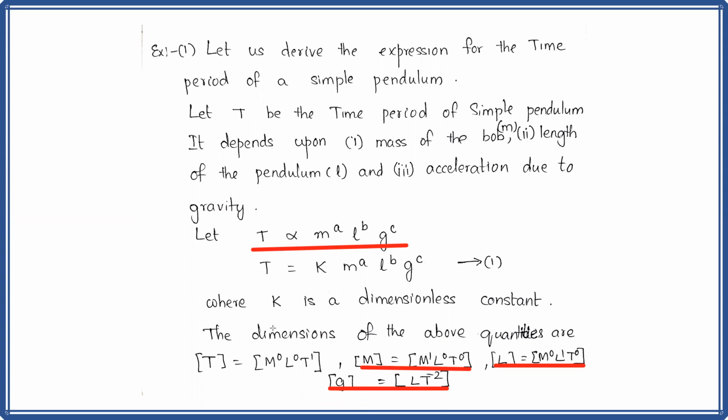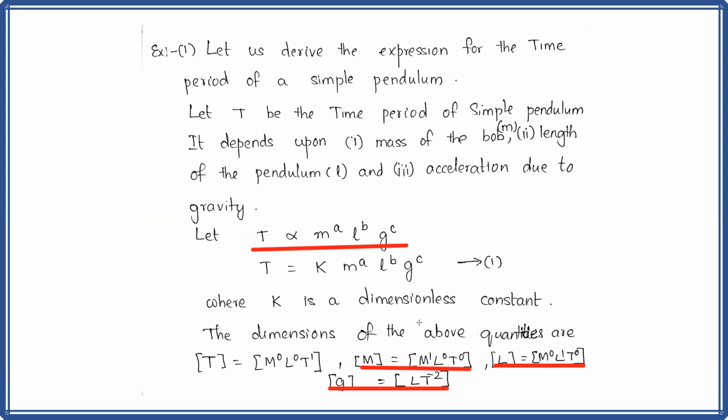So first thing is, for the LHS you write the dimensional formula. For the RHS also, for each and every quantity you write the dimensional formula. RHS, they will only give in the question. On which factors it depends, that will be mentioned in the question. Whatever the factors they have given, depending upon those factors, you write those quantities and write dimensional formulas for them, as I have underlined here.